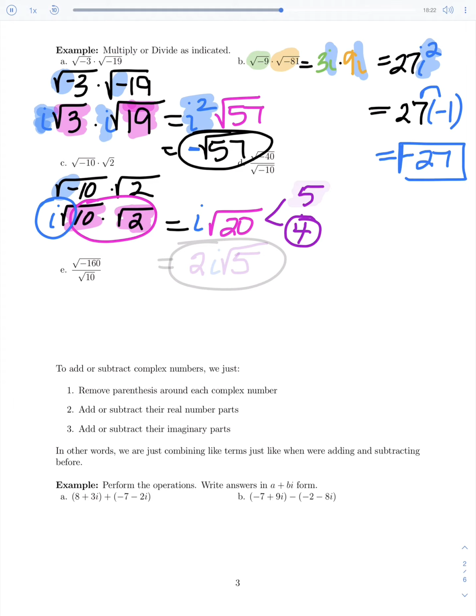It will come out as a 2. It'll come out and be in front with the i. However, you are stuck with that 5. You cannot take the square root of the 5, so that's going to be stuck inside of your square root. That gives us our final answer of 2i square root of 5.